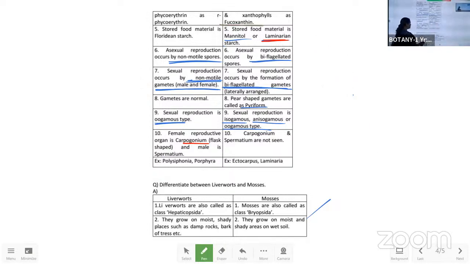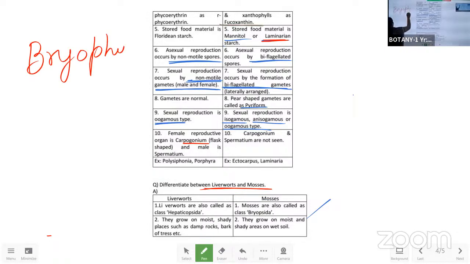The next one is differentiate between the liverworts and the mosses. Liverworts and mosses are again the common names for the classes that are present in the division Bryophyta. So the bryophytic organisms are the Bryophyta.